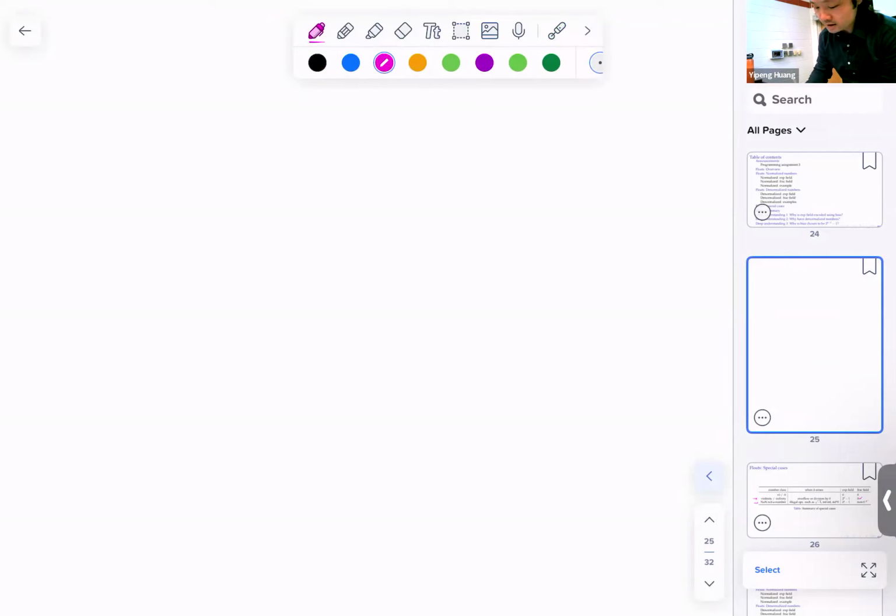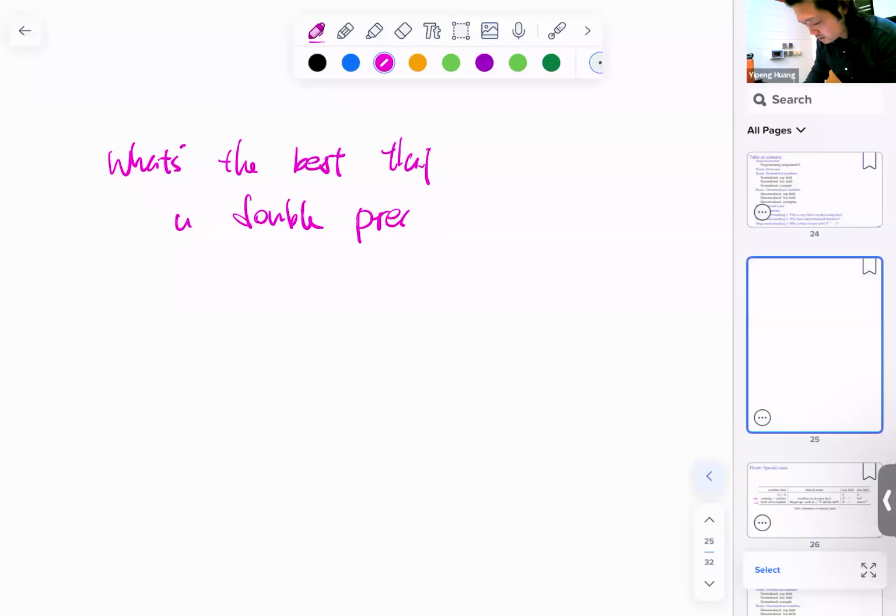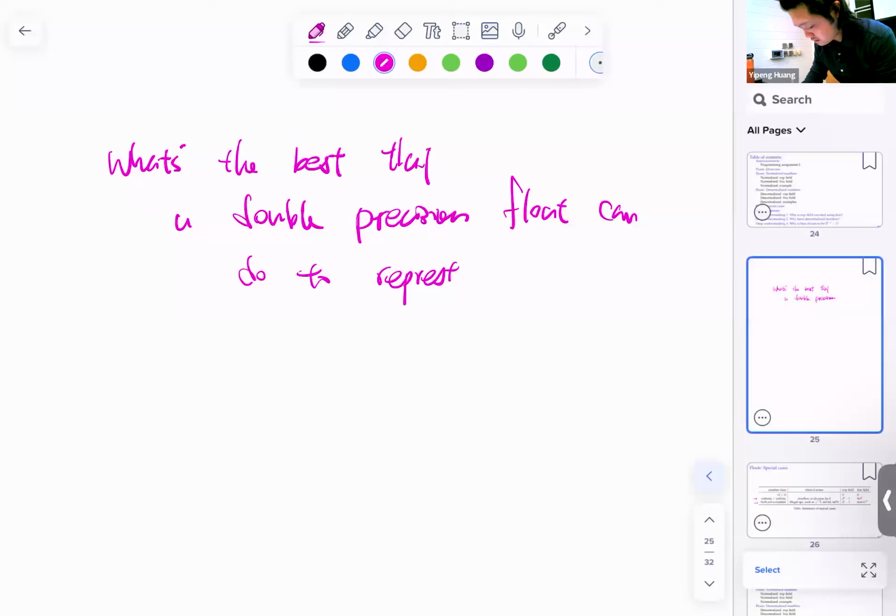What's the best that a double precision float can do to represent 1 quadrillion, which is 10 to the 12.